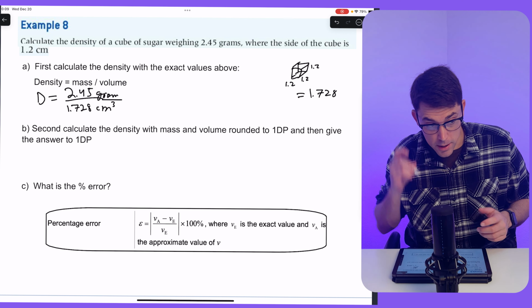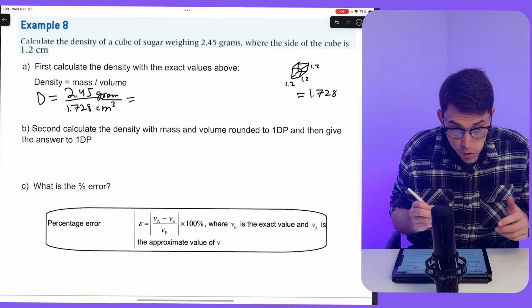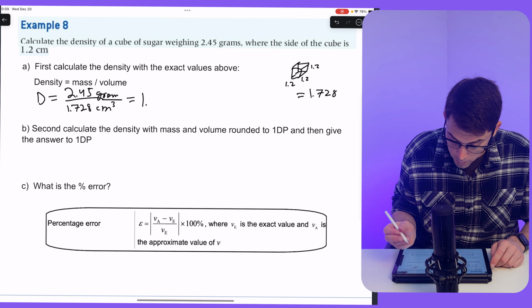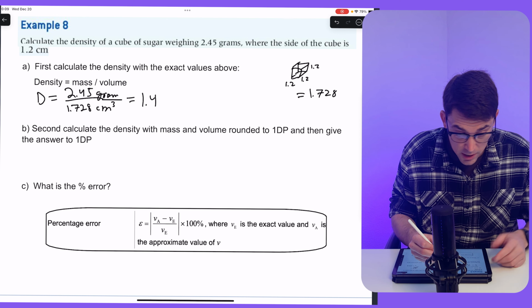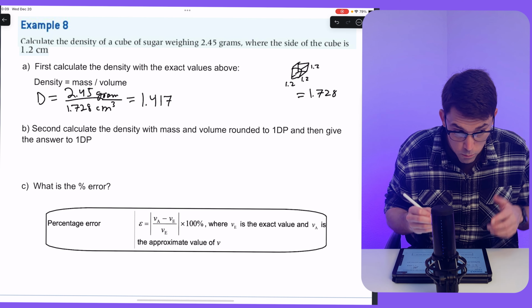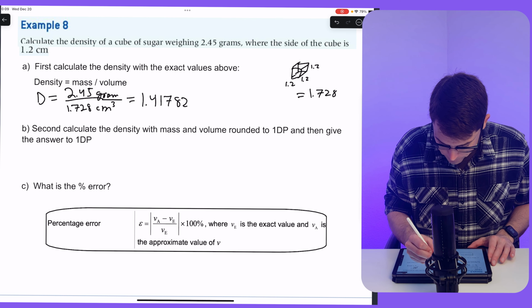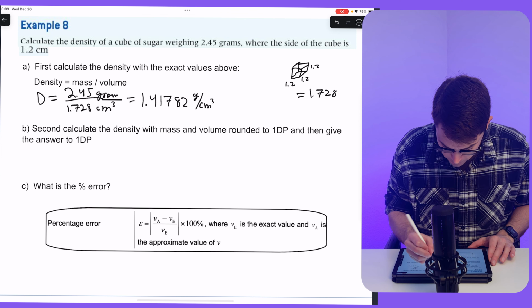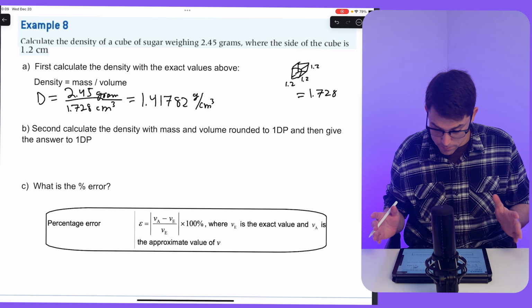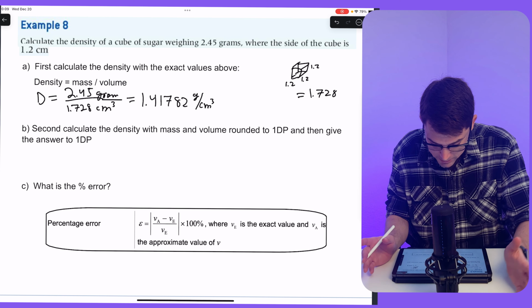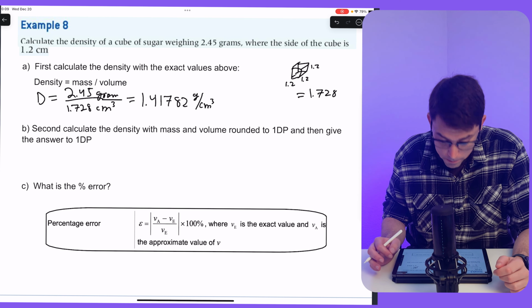And then what I'll do is divide those in a calculator, and what I'll get is 1.41782 grams per cubic centimeter. And that would be my exact value for this problem.